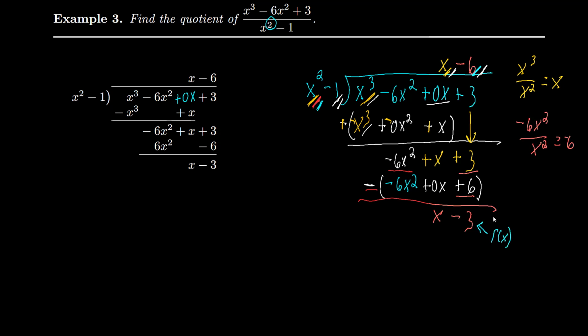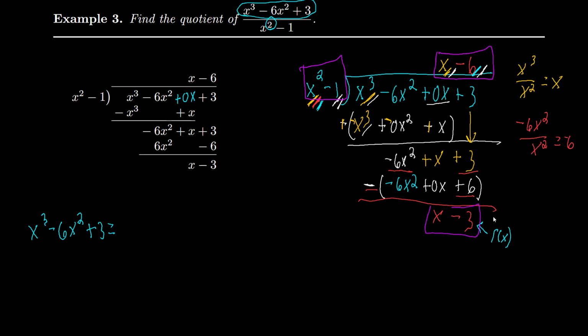So your remainder is, in fact, a polynomial this time. Which means that we can write the original dividend here, the thing that we were dividing by, x cubed minus 6x squared plus 3. We can write it as, let me do this in a nice purple, this times this plus this.